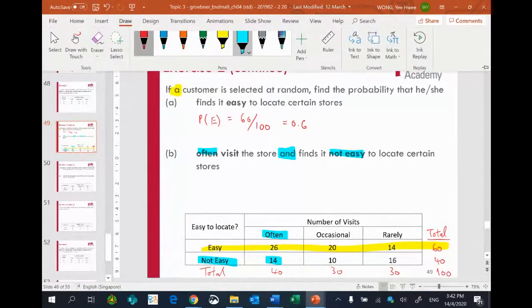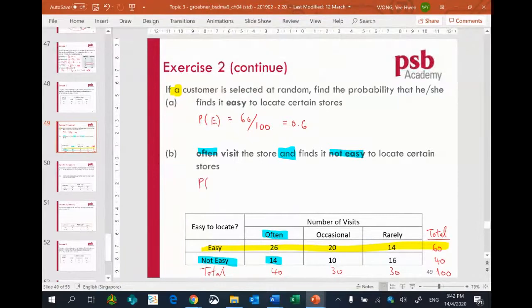So the probability of often and not easy, you can use the symbol E with a bar on top, which means the complement of easy, which is not easy. Up to you which one you're going to use. You don't need to do any calculation, you just have 14 over 100, so it will be 0.14.